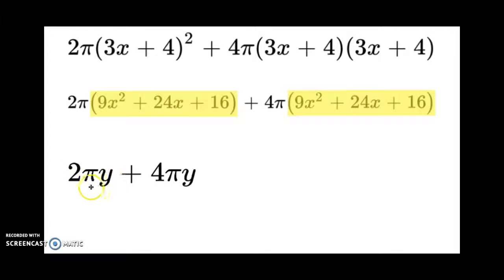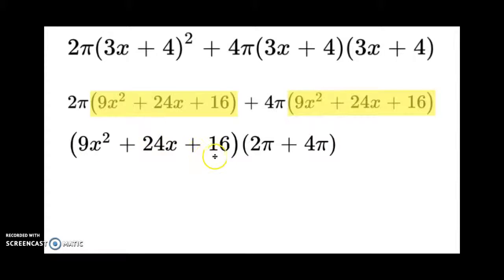If you were factoring out a GCF here, you would see that we had a y in both of these. So you would divide out the y and bring it to the outside. We're going to use that same logic here, except instead of y in both of these, we have 9x squared plus 24x plus 16 in both of these.